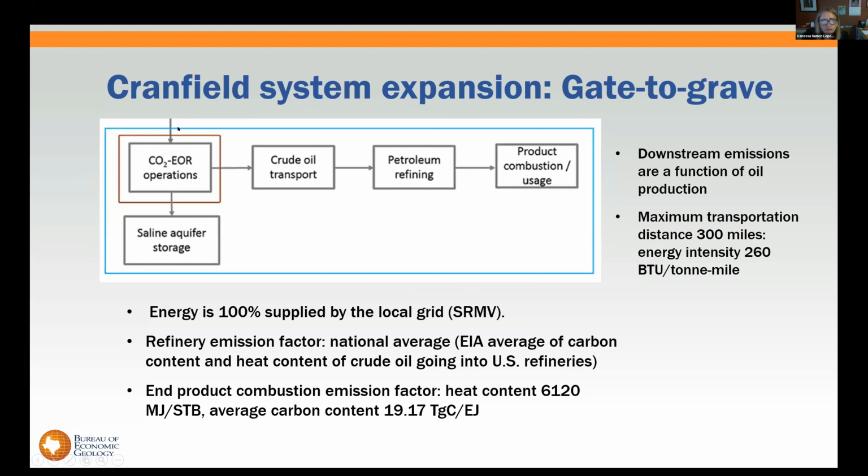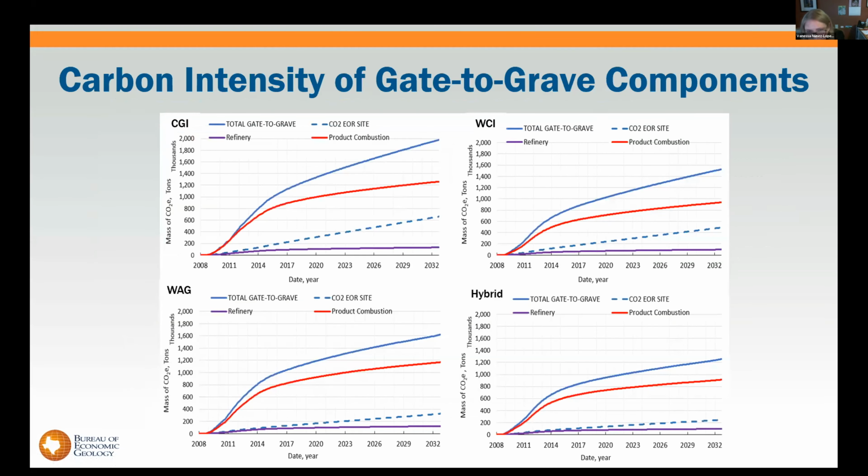Our functional unit is the barrel of oil produced. We assumed a maximum transportation distance of 300 miles with an energy intensity for that transportation of 260 BTU per ton per mile. And so this is the carbon intensity.